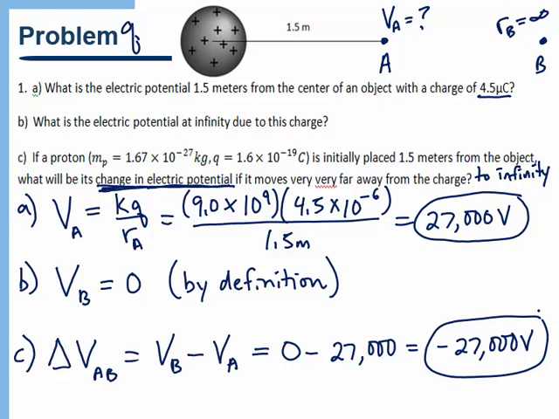Notice, by the way, I haven't done anything with the fact that it's a proton that's going to go through that change. So here's the key thing about electric potential difference. It would be true for any charge that goes from point A to point B. Now, the next part of the question, we're going to actually use the fact that it's a proton that's going to move from point A to point B.